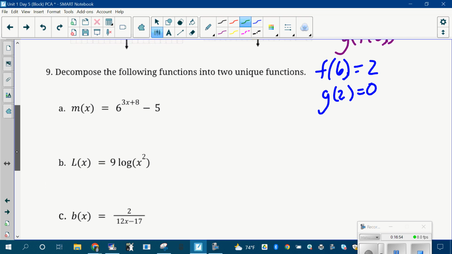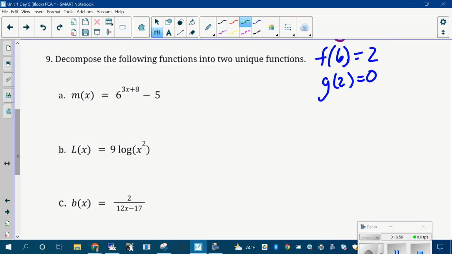Last thing I want to show you is, remember this idea of breaking the function apart, decomposing it? I want you to be able to do this with composition too. So I want you to be able to look at a function like this and say, that's kind of like one function stuck into another function. That's kind of like composition.